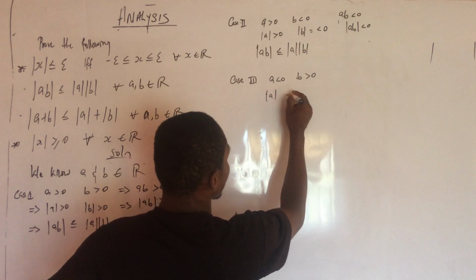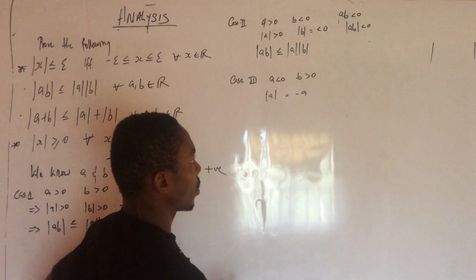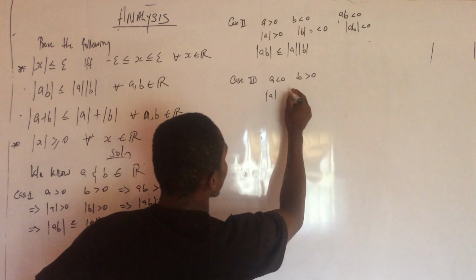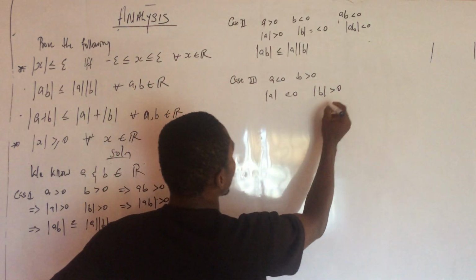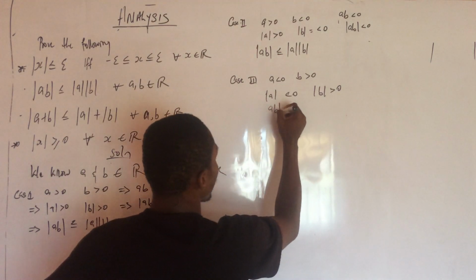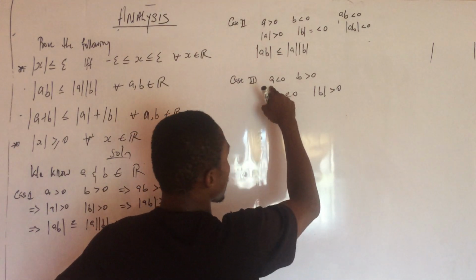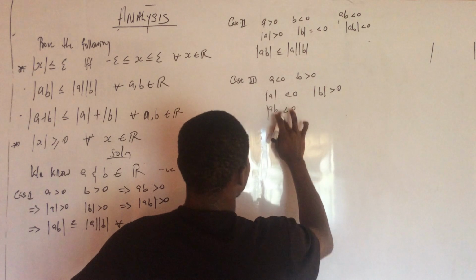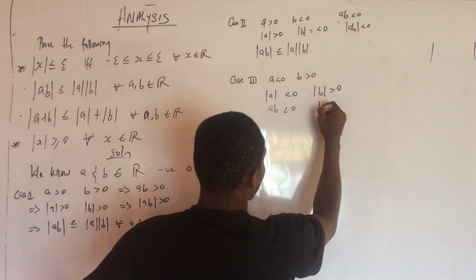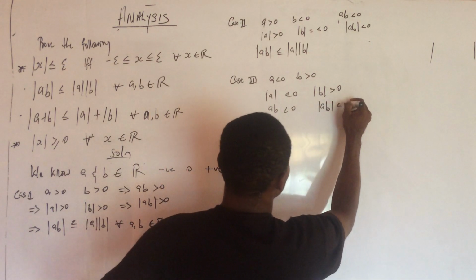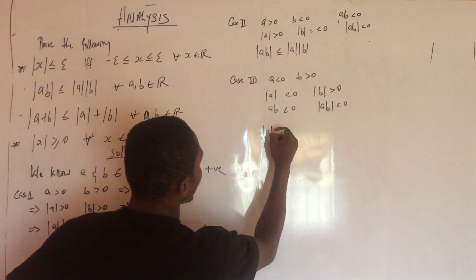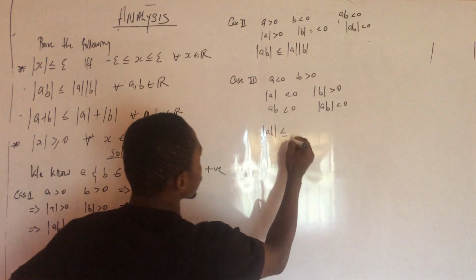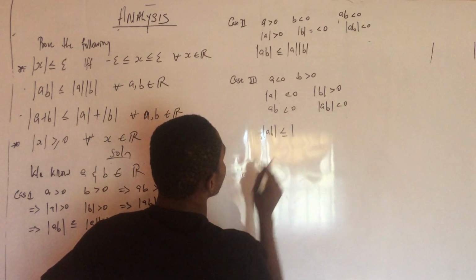What I mean is, the absolute value of this is going to give us minus A, which is greater than 0, and the absolute value of B will be greater than 0. And we have that AB is less than 0, since A is less than 0. So we now say that the absolute value of AB is less than or equal to the absolute value of A times the absolute value of B.